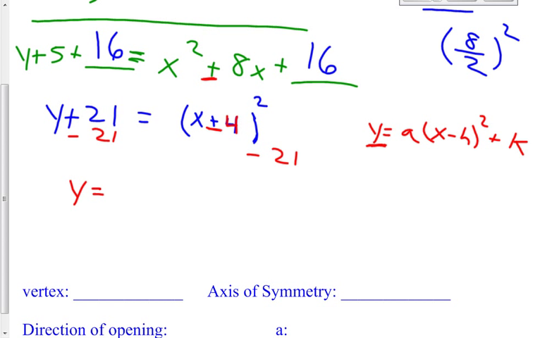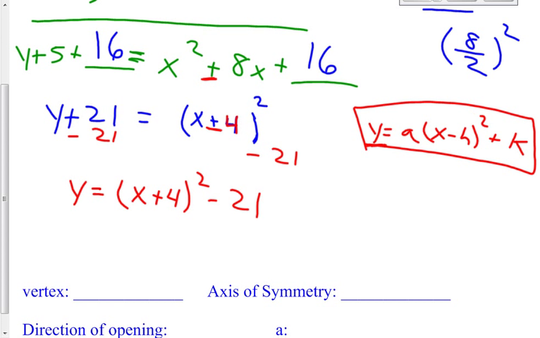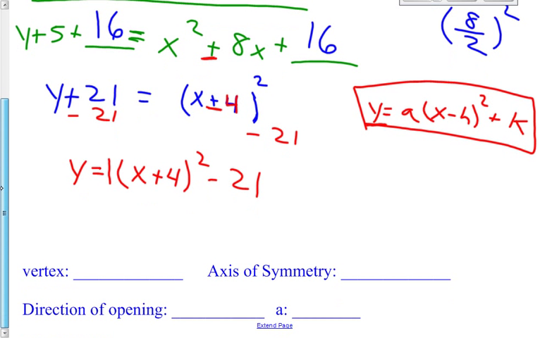Y equals the quantity x plus 4 quantity squared minus 21. Now I have it in vertex form. My a value is this positive 1 in front of the binomial squared. My h is negative 4, my k is negative 21, and now I can do a lot of different things.